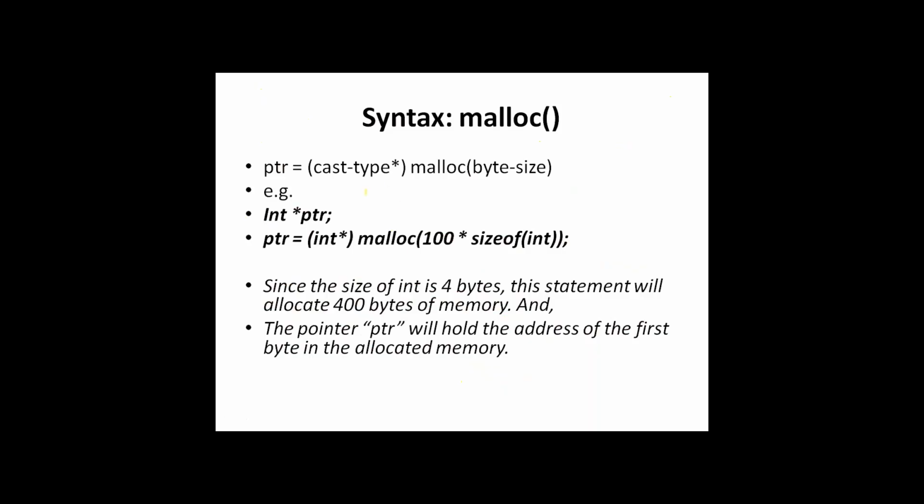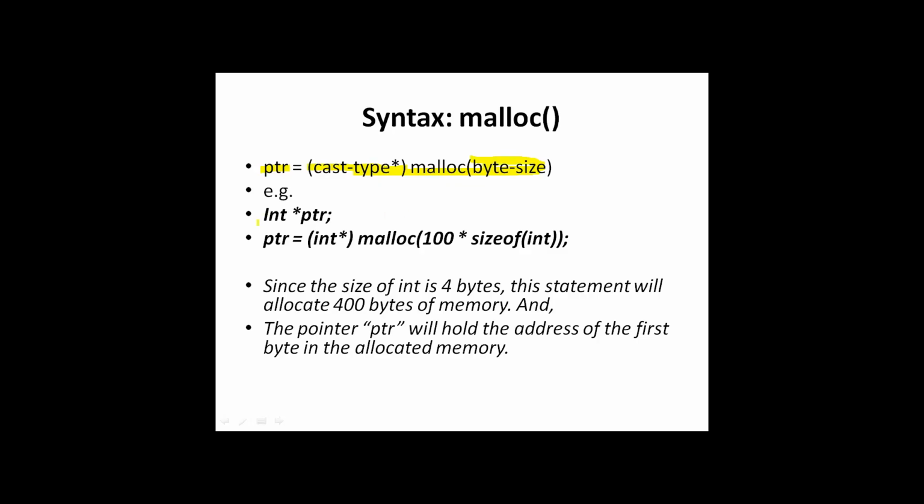As for the syntax of host memory allocation, we use a pointer, cast it to any particular type, then call malloc with the number of bytes we have to allocate.